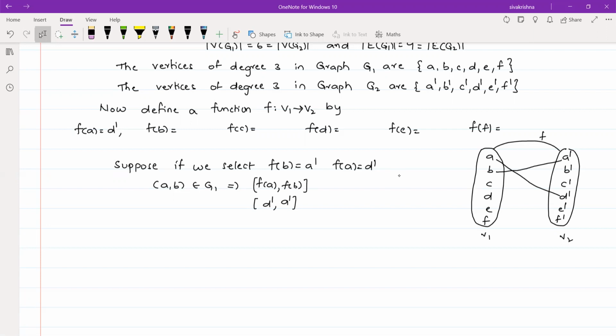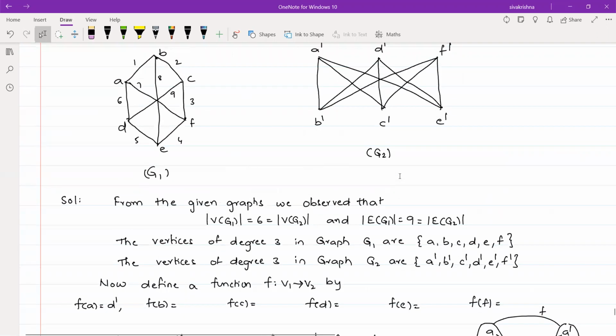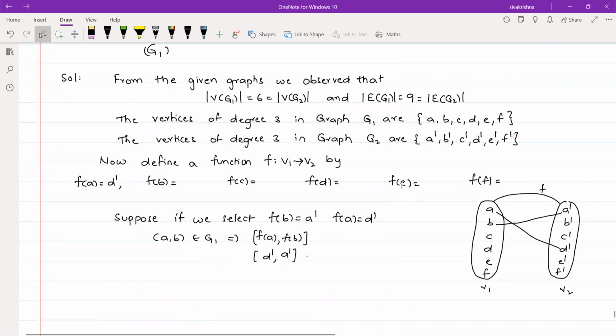It means there must be an edge between a dash and d dash in graph 2. Checking graph 2, no, we do not have an edge between a dash and d dash. It means we cannot select the image of b as a dash. So this is a wrong answer.